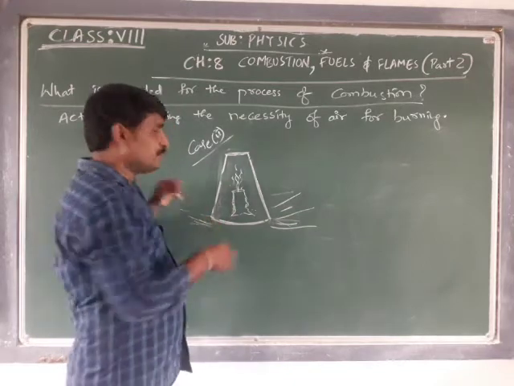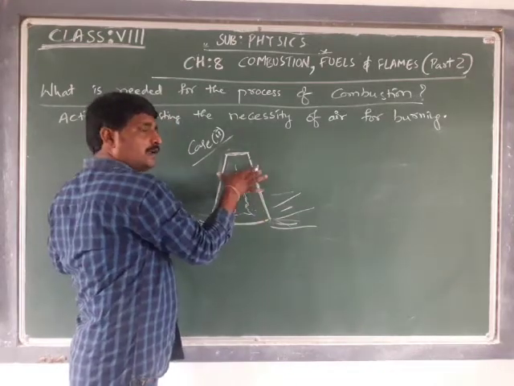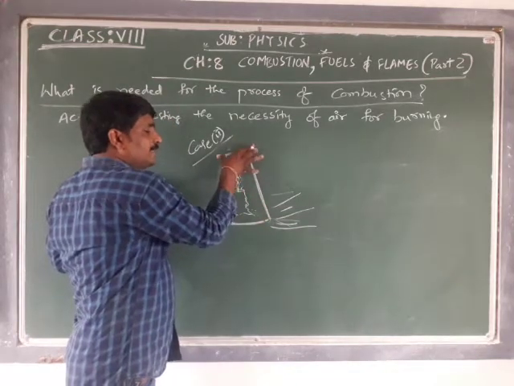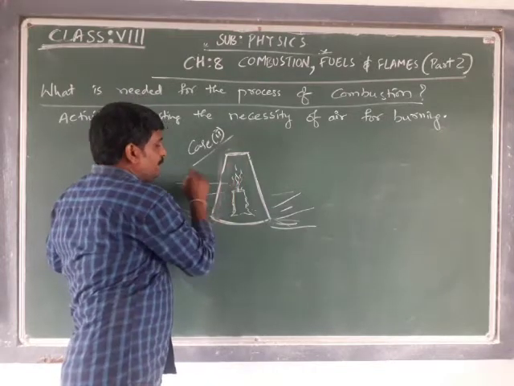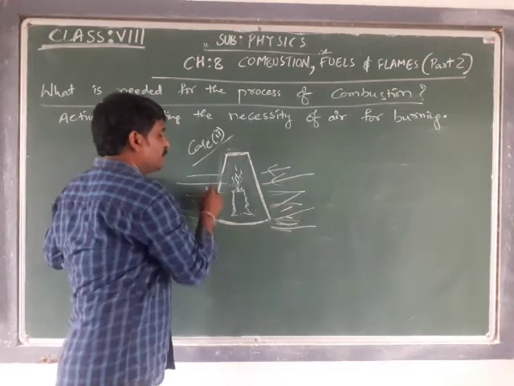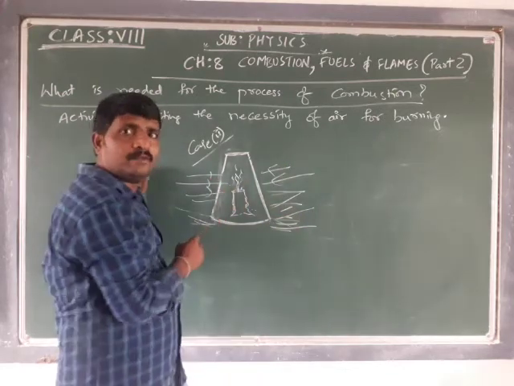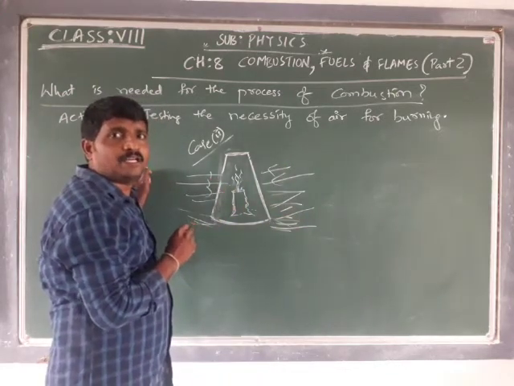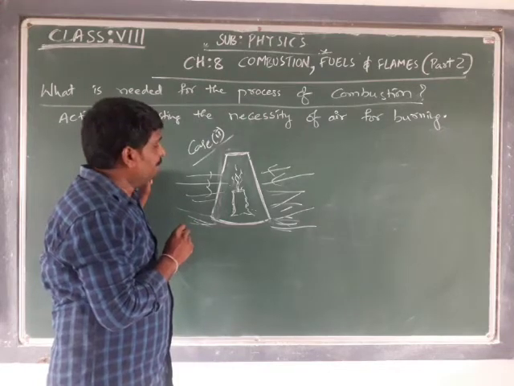Okay. In the second case, whenever it was flickering and we removed the tumbler, the supply of air was restored to the flame, so the flame burns without any problem.